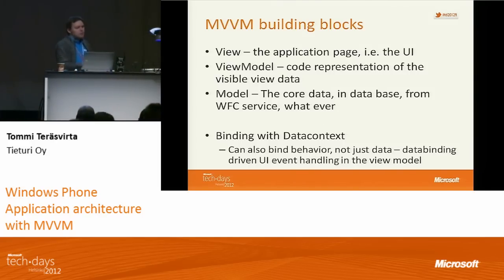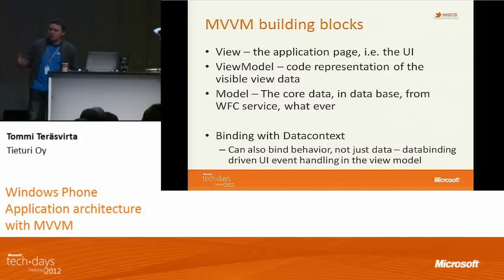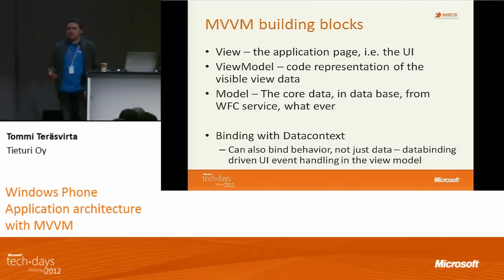But the view model, in addition to possibly loading the information for the model, is sort of like the code representation of the UI. So anything we have in the UI that may change, we have a respective part in our view model.